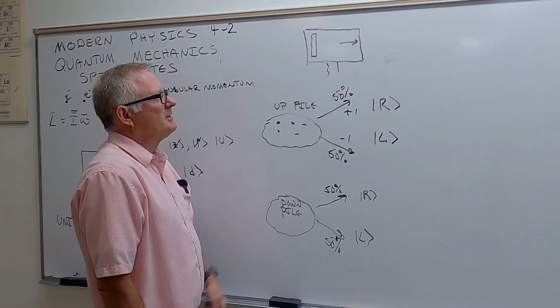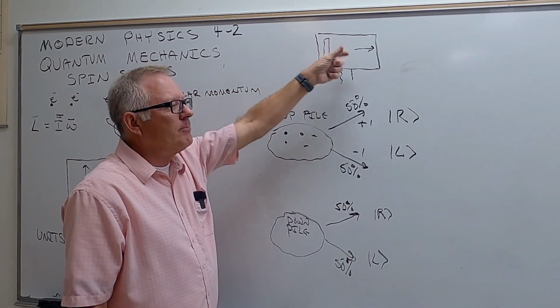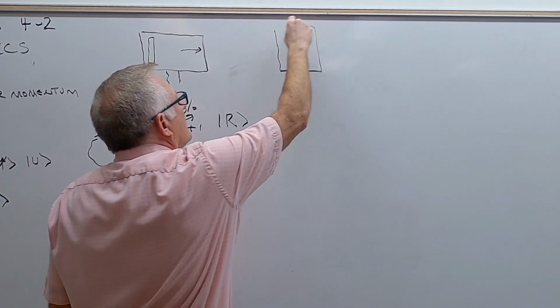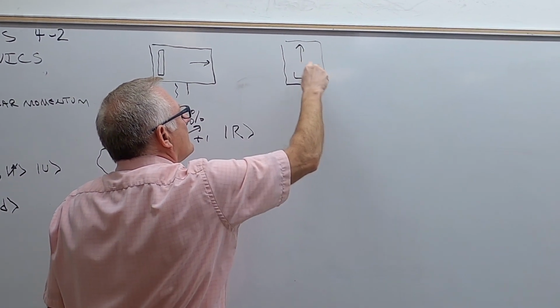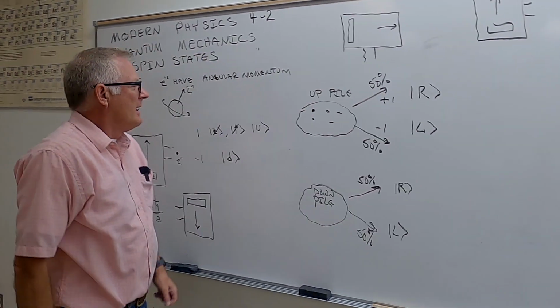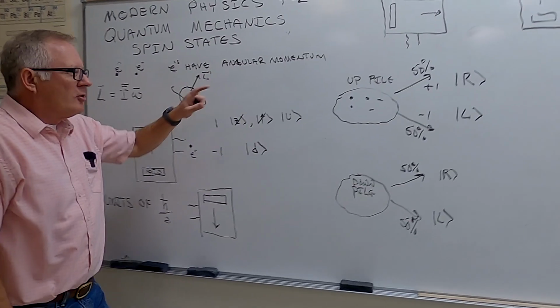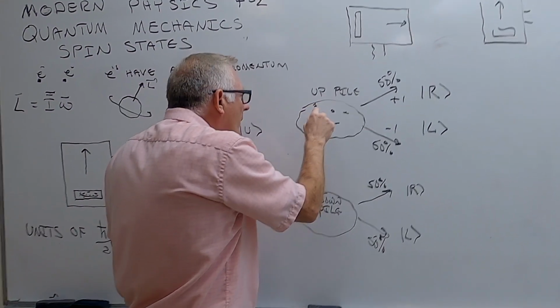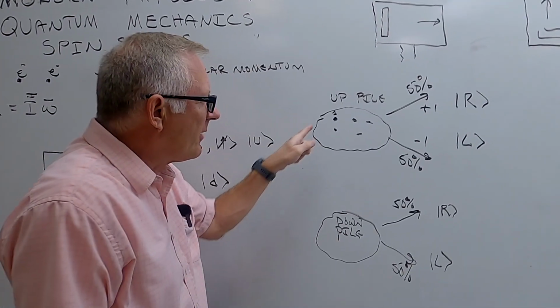Well, let's take it back and put it back up, the way it was at the beginning. Let's take one of these electrons and label it. Maybe that's electron 1. We're going to keep track of it.